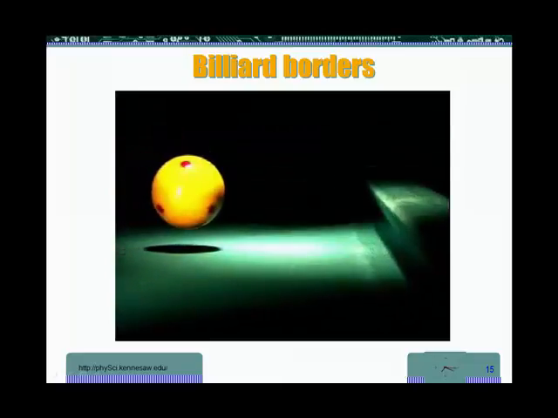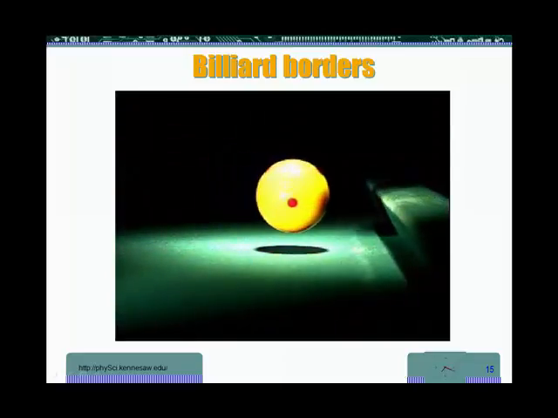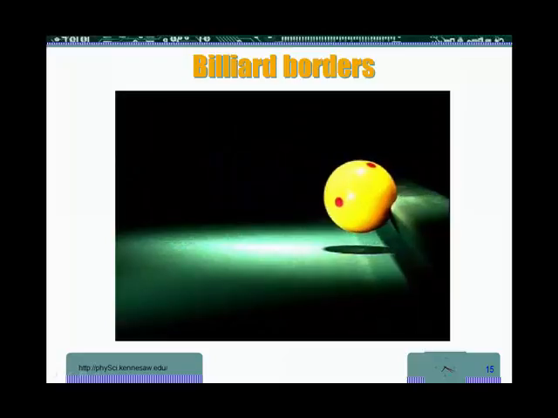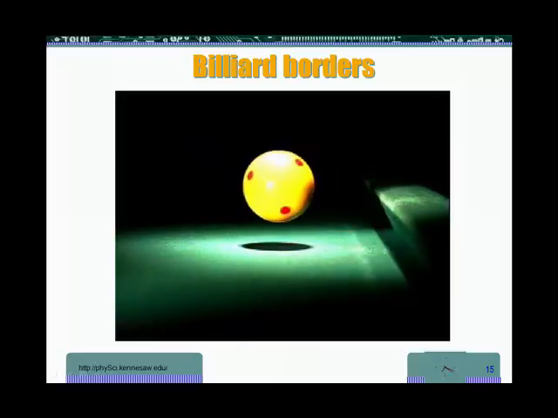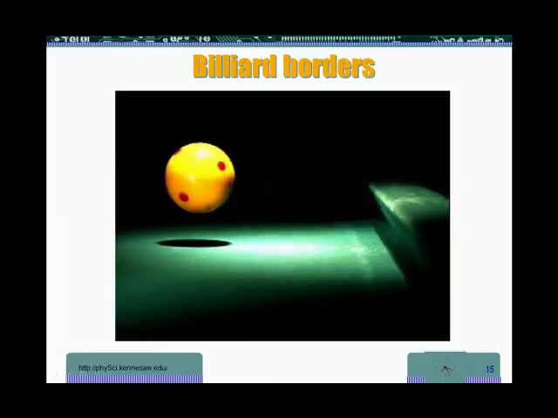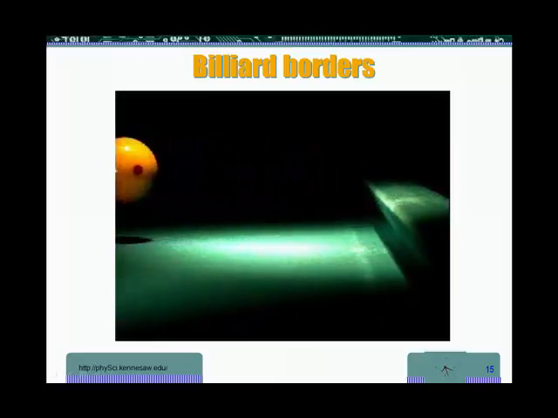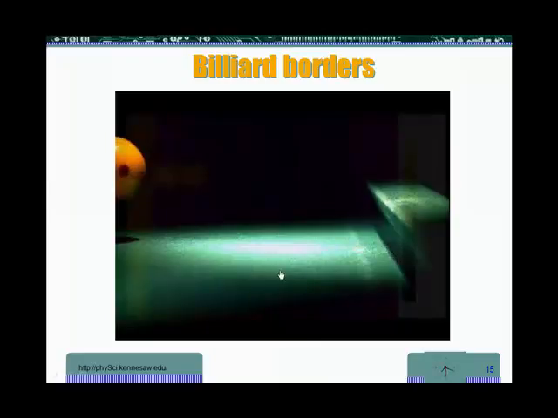Okay, let's look at this short video here. Okay, look at the ball there. See, this is a billiard ball. Let's see if we can replay it.